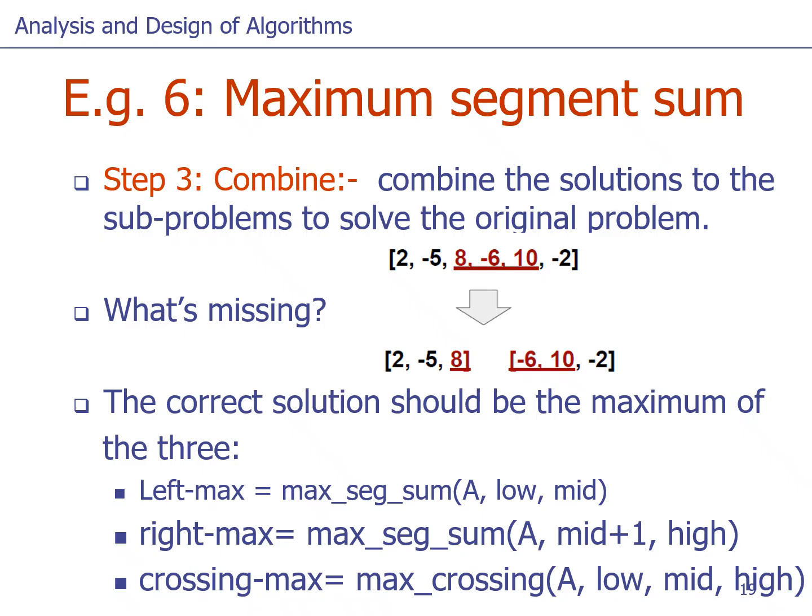What that means is we will have to start from the middle and keep adding one element from the right, one element from the left, and keep computing the maximum, until we hit a value that is smaller than the maximum, so we stop. This is the rationale behind it. And then now we have three maximums: left max, right max, and crossing max. We pick the maximum of the three.